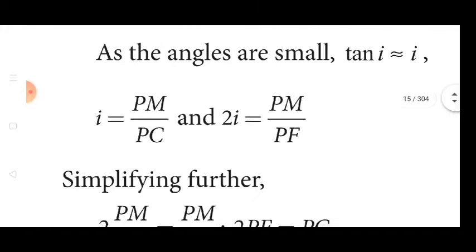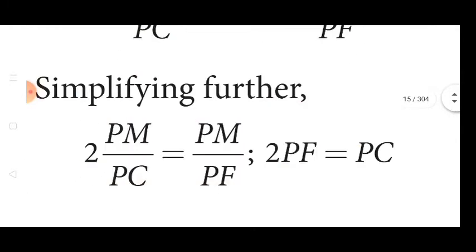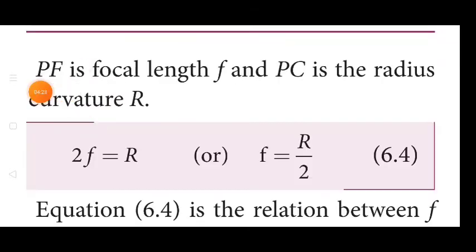Simplifying further, we get 2 PM by PC is equal to PM by PF. That means 2 PF is equal to PC. PF is the focal length F and PC is the radius of curvature R. So 2F is equal to R, or F is equal to R by 2.